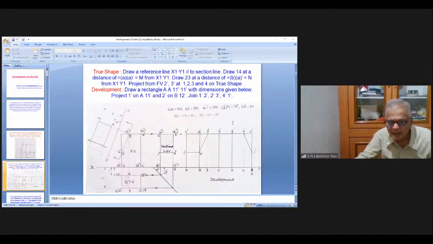He said it is cut by a section plane parallel to vertical plane passing through 15 mm away from the axis. So the axis or centroid is this.